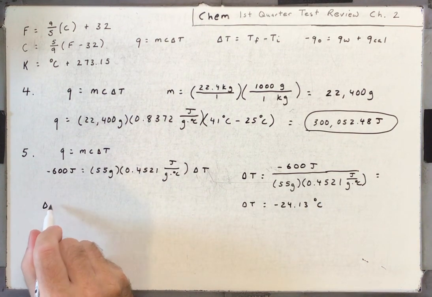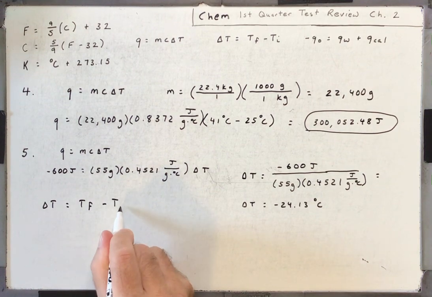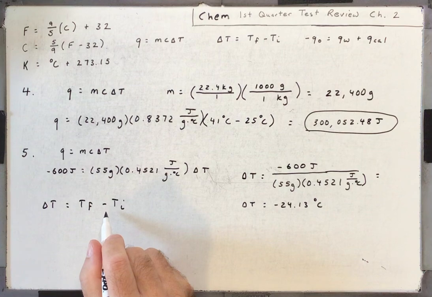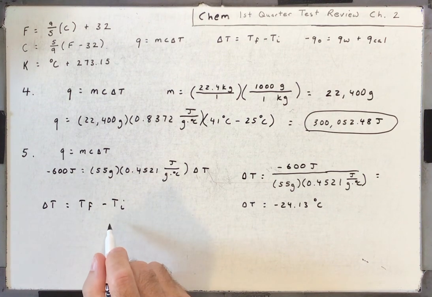So now we can use delta T is equal to T final minus T initial. We're asked for what is the final temperature.